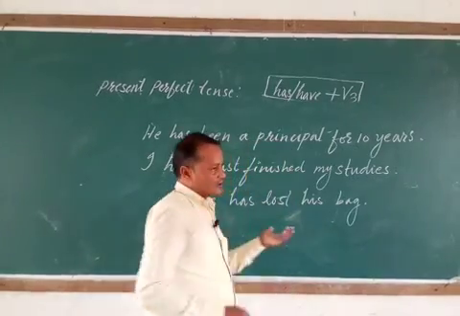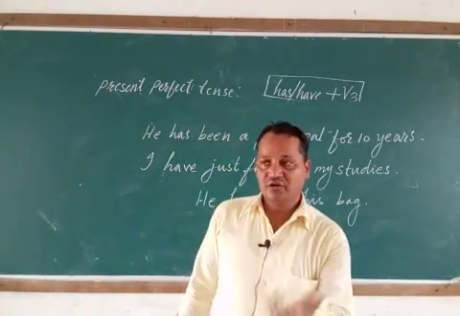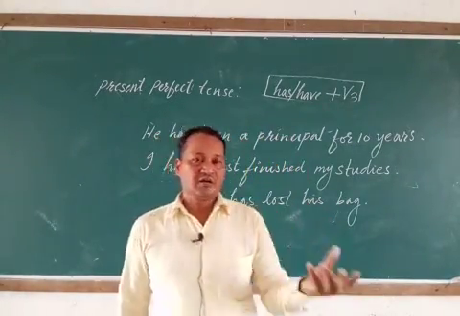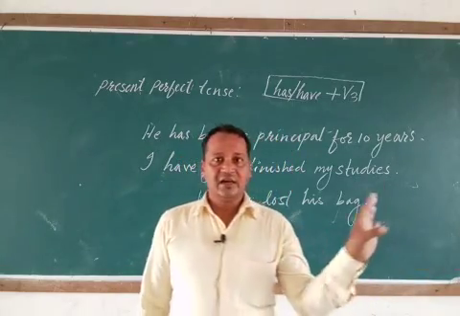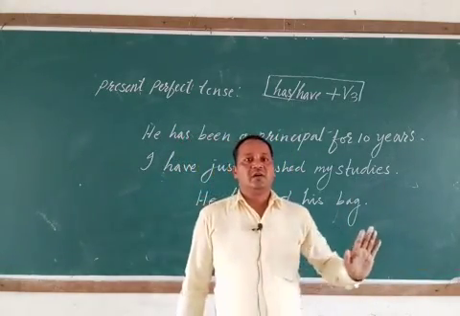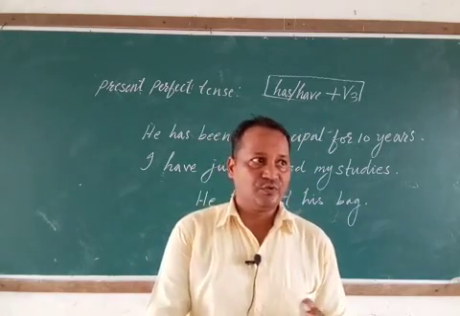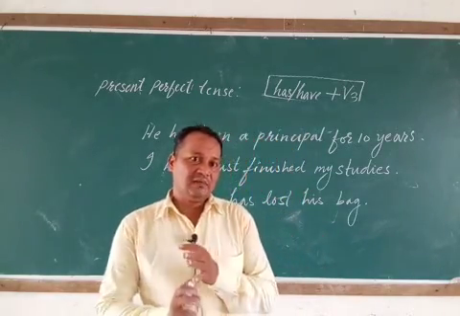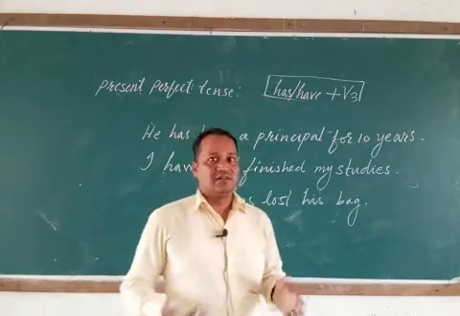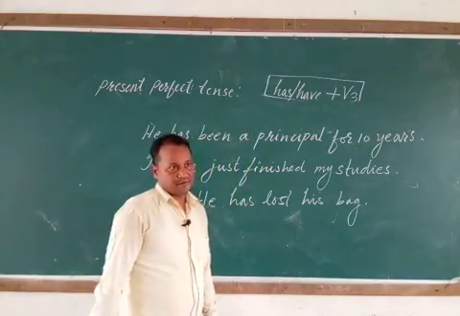So the losing of the bag was done at some time, but it is not shown in this sentence what the time was. If the time is clear in the sentence, we cannot use present perfect tense.